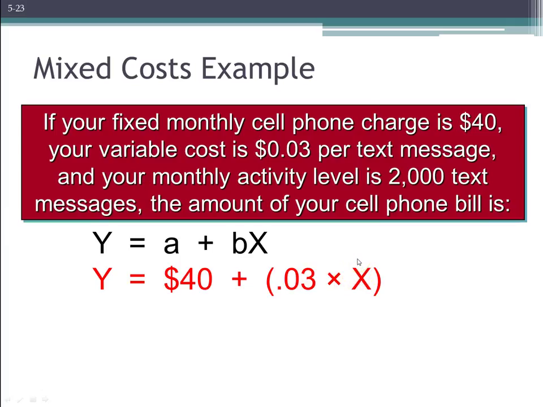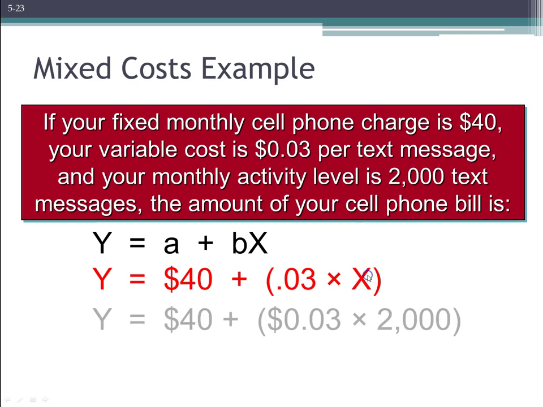If we wanted to posit, hey, next month I think I'm going to send 2,000 text messages, well, it's real simple to just plug the 2,000 into that X, and you know exactly what your bill is going to be next month. Just do that simple multiplication and addition. That's as complicated as the mathematics are getting here so far. $100 a month, you can very easily predict things.